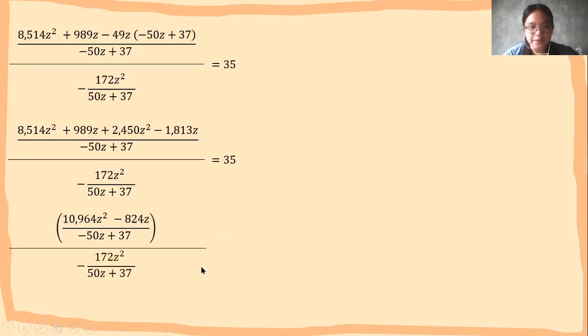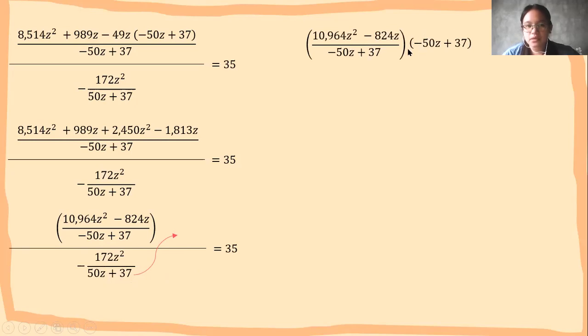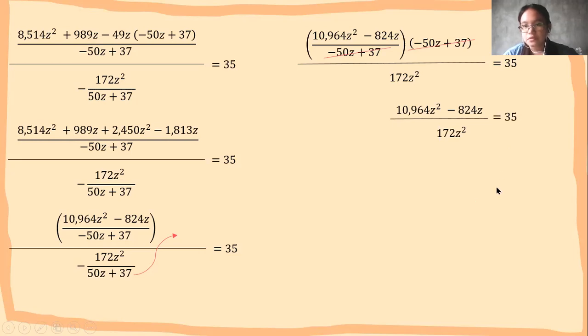So let's multiply the denominator into the numerator. So here it is, the negative 50z plus 37. So we just get the reciprocal of our denominator. Then let's cancel. We can cancel them. So the remaining is 10,964z squared minus 824z over 172z squared is equal to 35.